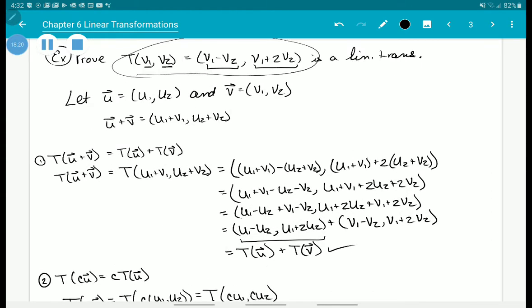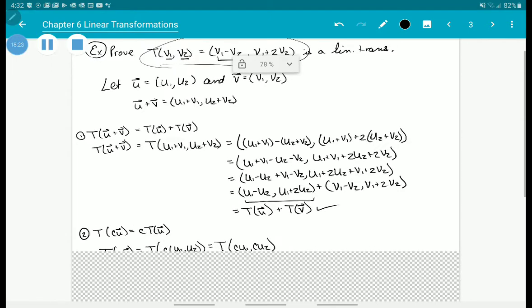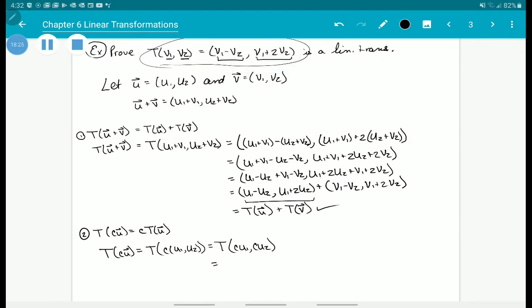Here's the definition. I wish my screen was just a little bit bigger. The definition says it's going to be first component minus second component, and then first component plus 2 times the second component. Here's my first component, here's my second component, so we're just plugging those into that definition again.